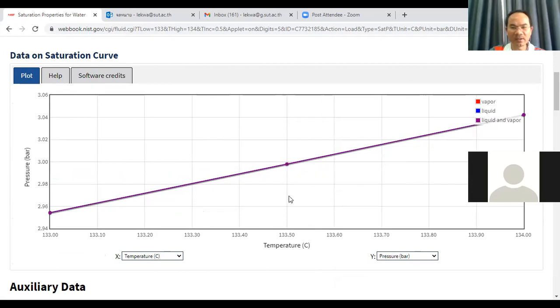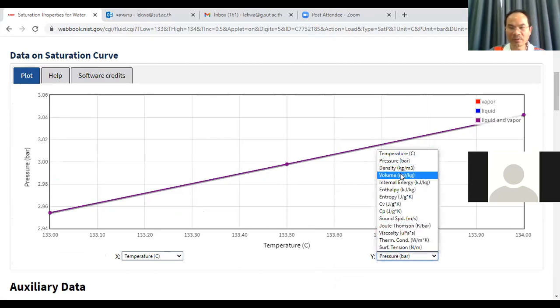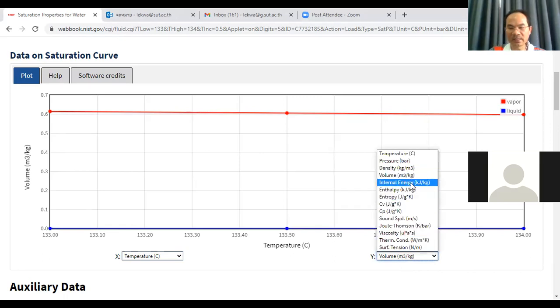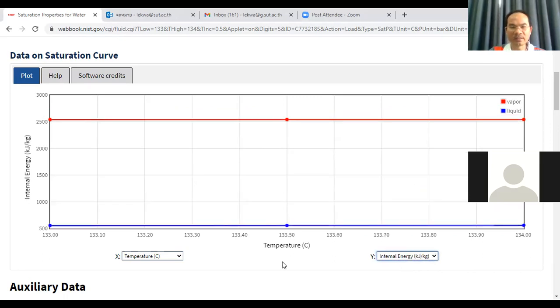And also, we would like to calculate the volume. For this case, we use the steam. That's right. 0.606. It's close to the value from the steam table. How about the internal energy of the steam? For internal energy, you can choose this. 2,543.